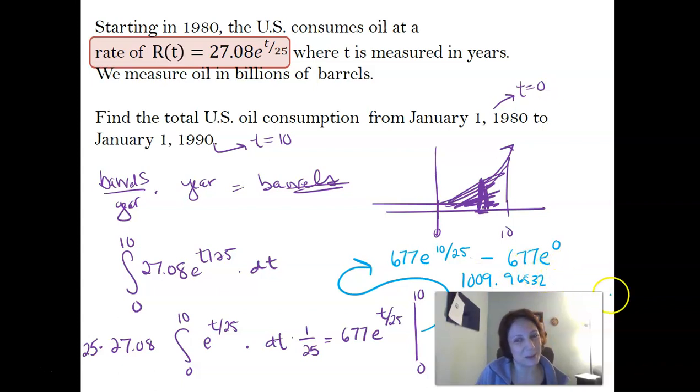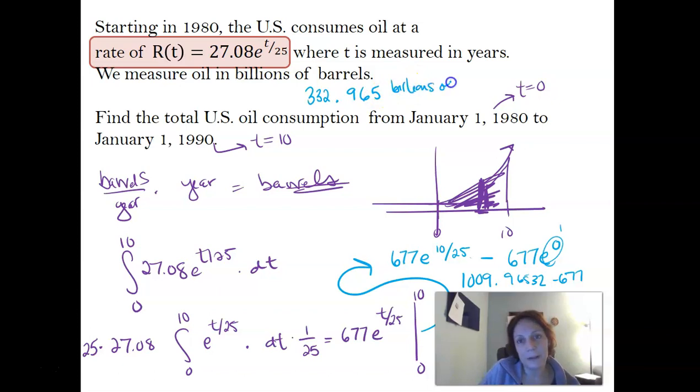I'm writing that down, but I'm going to use the full number from the calculator. And then this is going to be minus, remember this is a 1, so minus 677. So I have 332.965 billions of barrels.